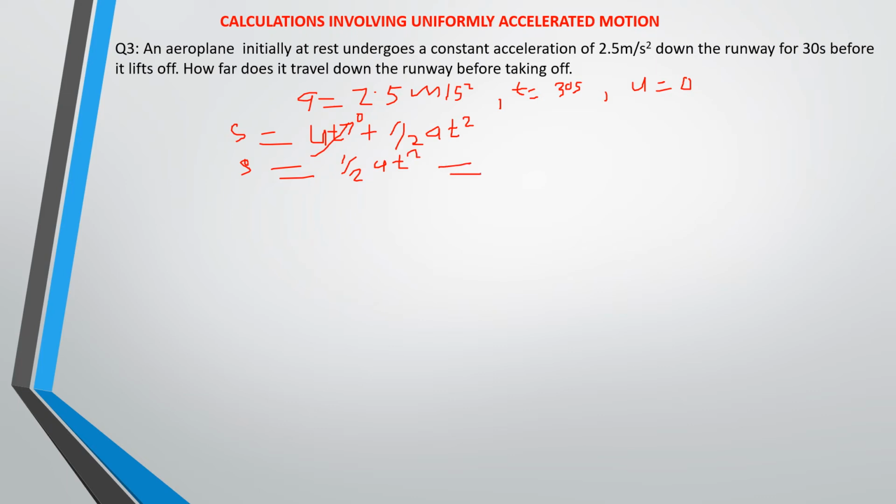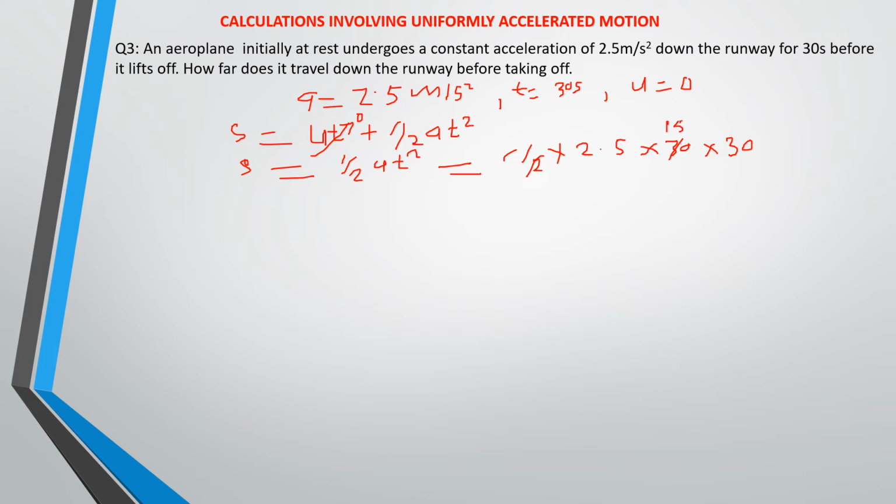If you substitute into this equation, you're going to have what? You have half times 2.5 times 30 multiplied by 30. Okay, so if you work this out, this divided, you have 15.